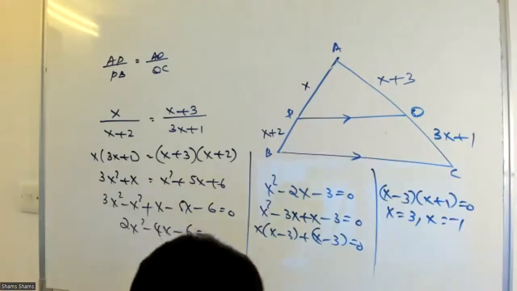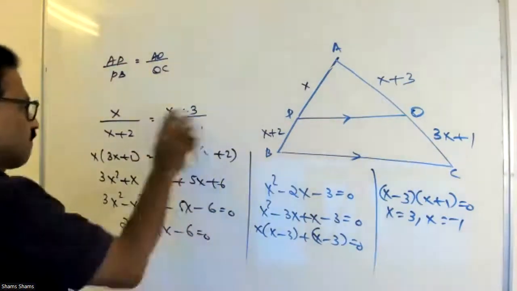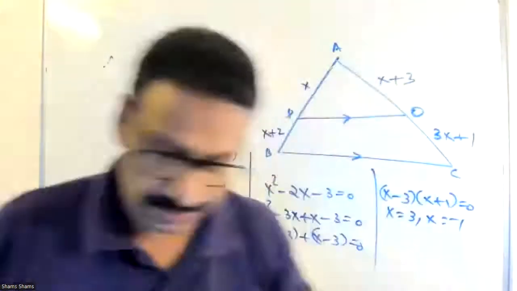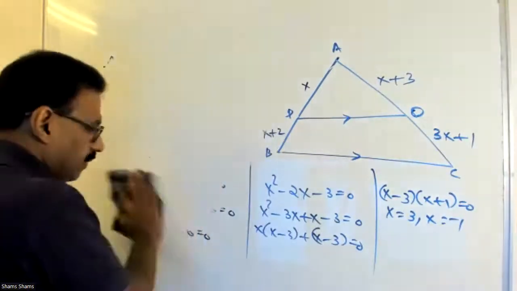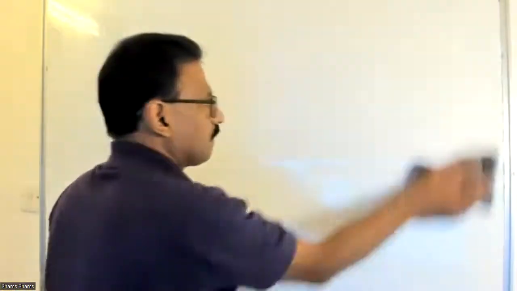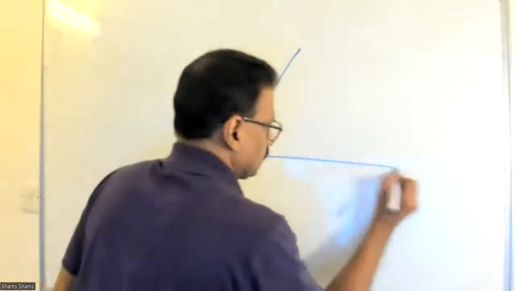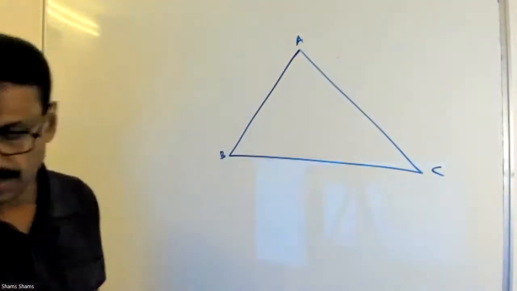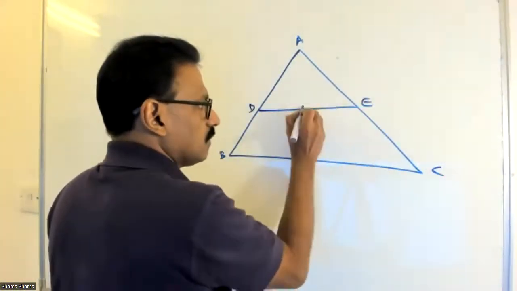In the figure, in triangle ABC, DE is parallel to BC.